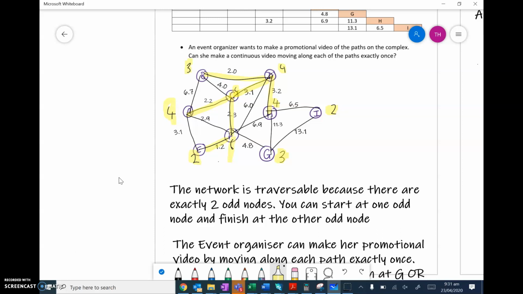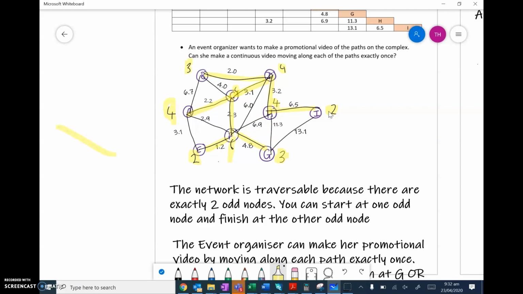And then my next shortest one is going to be this 4.8. And then the next shortest one is 6.5. Now I'm just going to take a minute, check have I got all my nodes in. A, B, C, D, E, F, G, H, I. Everything's connected, so I'm finished.